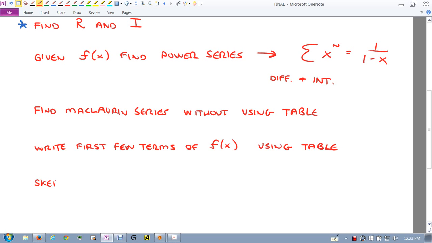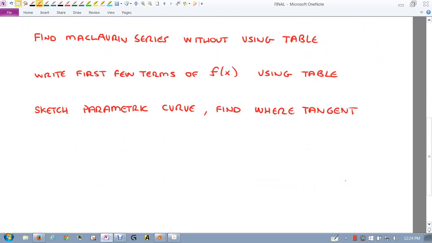Sketch a parametric curve. Find where the tangent is equal to a number maybe, or horizontal, or vertical.